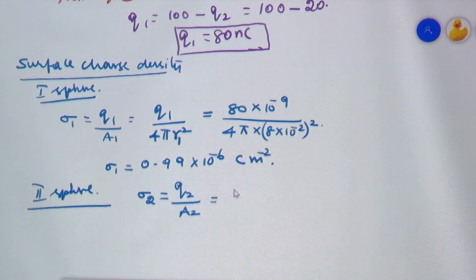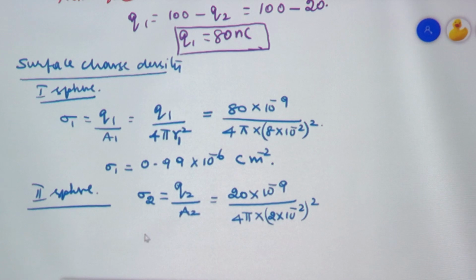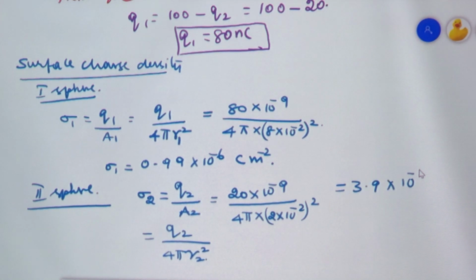Q2 is 20 nanocoulomb, so 20 into 10 to the power of minus 9 divided by 4 pi into R2 squared, where R2 is 2 into 10 to the power of minus 2, the whole squared. Simplify this and you get 3.9 into 10 to the power of minus 6 coulomb per meter square.